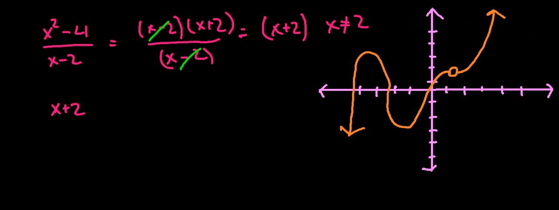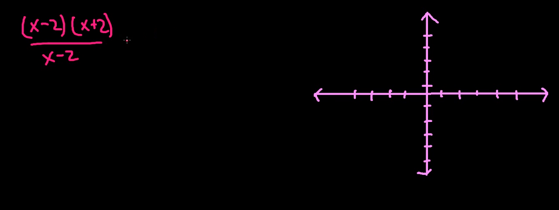So let's illustrate this. So I have x minus 2 times x plus 2, over x minus 2. And we said that the domain, so let's write the domain of this.